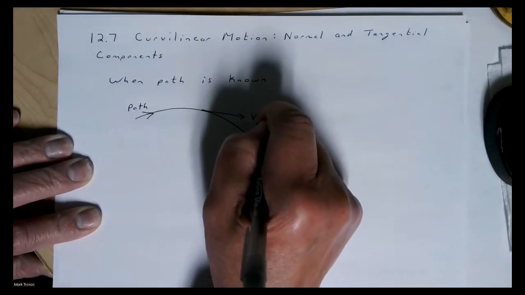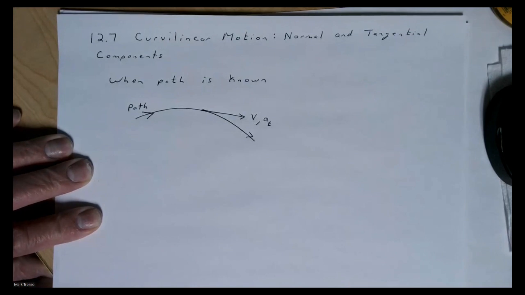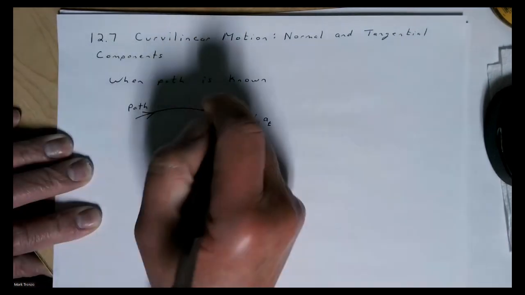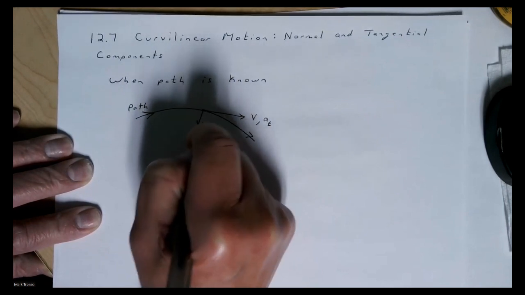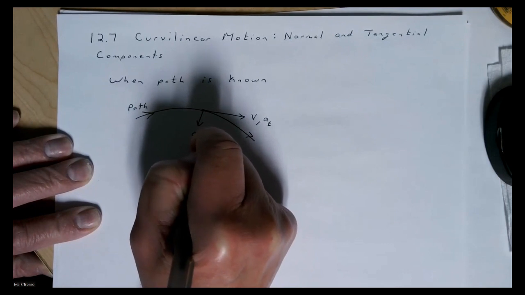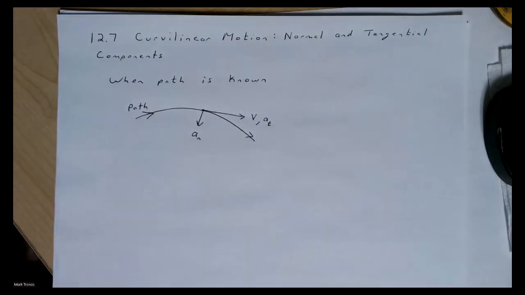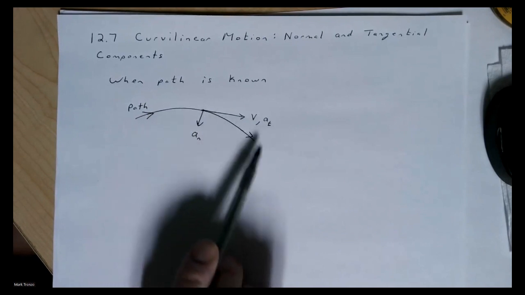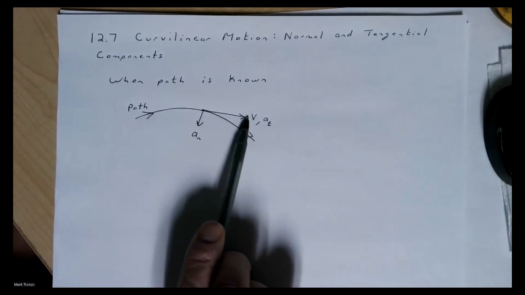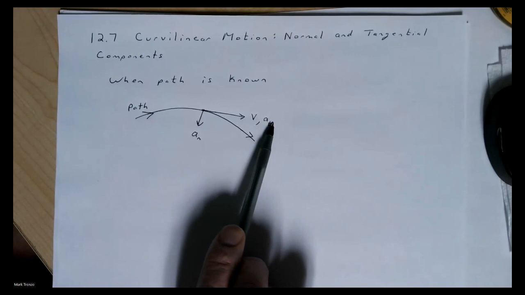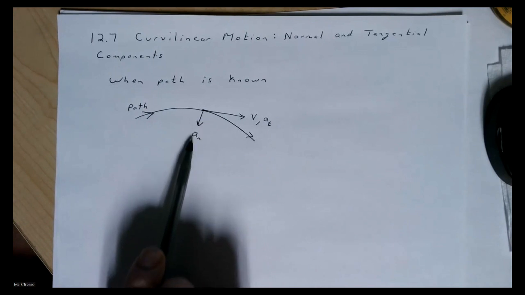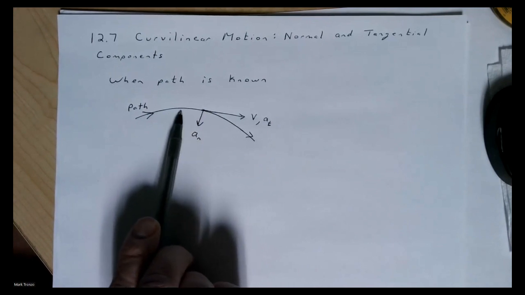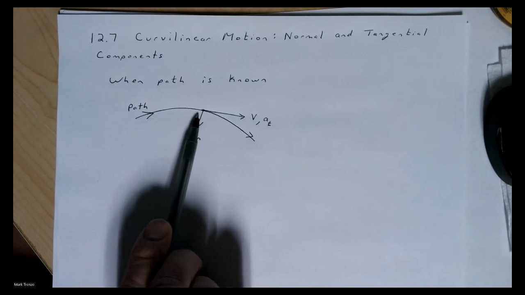And then we'll also have a tangential acceleration, and we'll have a normal acceleration. So again, if something is moving along this path, we'll have a tangential velocity, a tangential acceleration, and a normal acceleration. Remember, the normal component is perpendicular to the path.